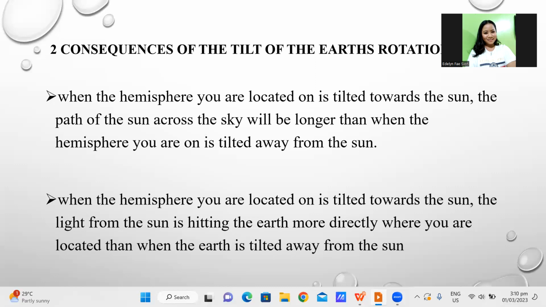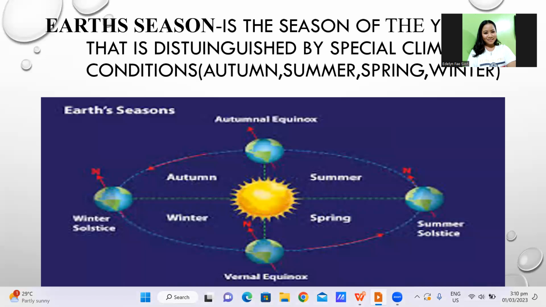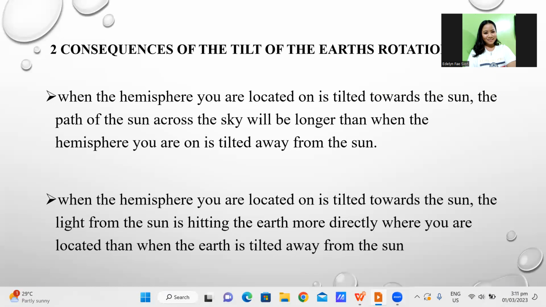So this means more energy is hitting each square meter of the earth during the summer than the winter. So making summer days hotter than winter days.